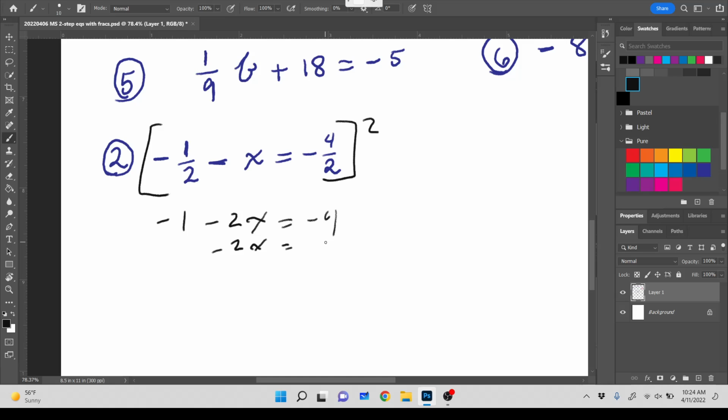Where were we? We're at equals -3, and we end up with x equals +1 1/2.